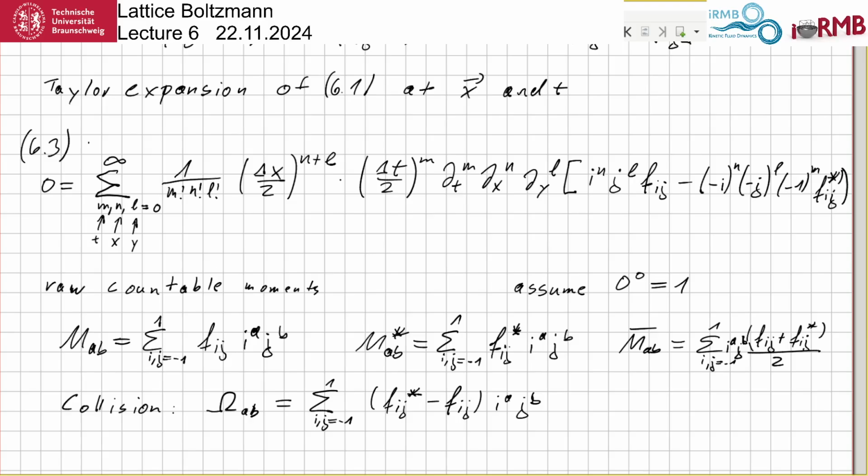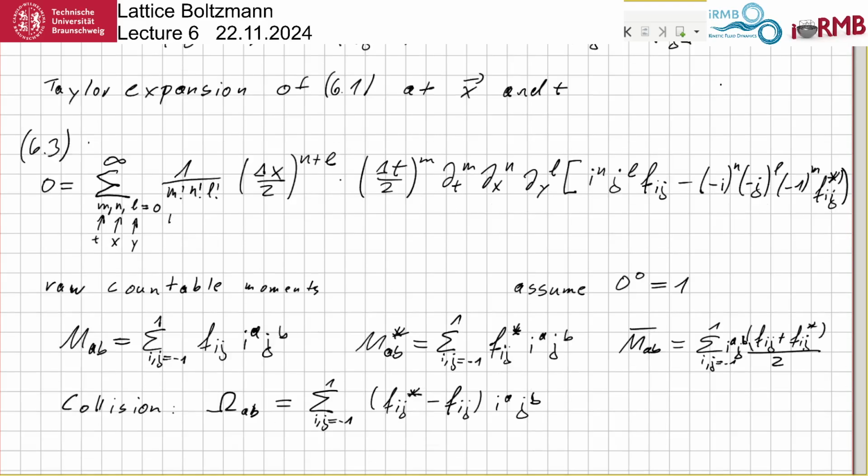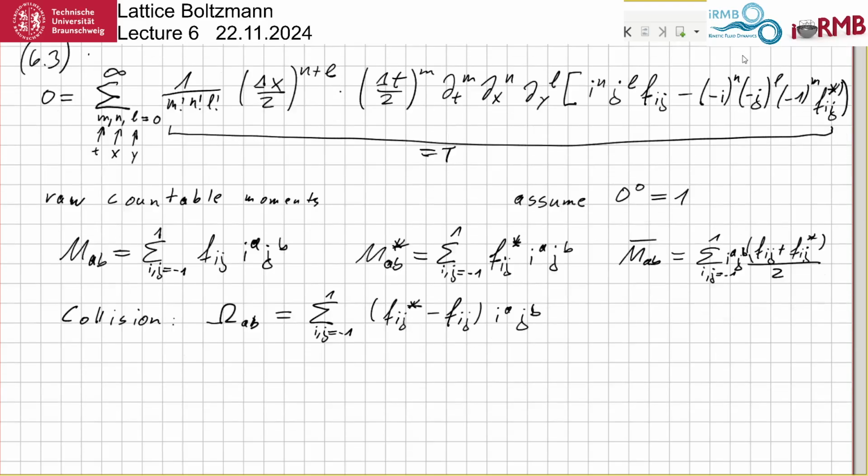I've forgotten something. Because this term here in equation 6.3 is so large, I will call all of this together capital T, just for convenience. Because I will now use this by taking moments of the entire equation.